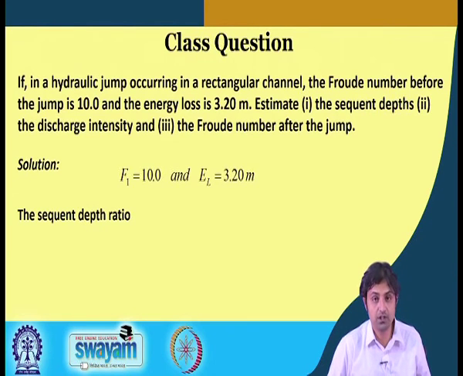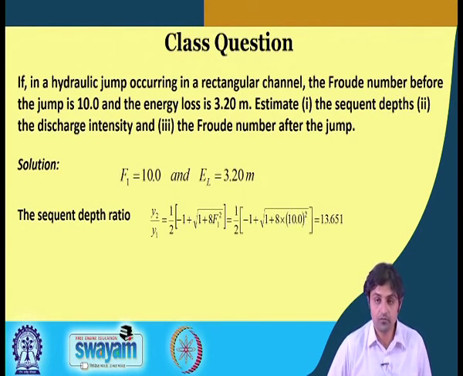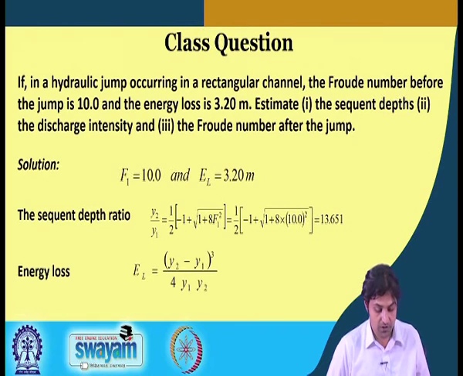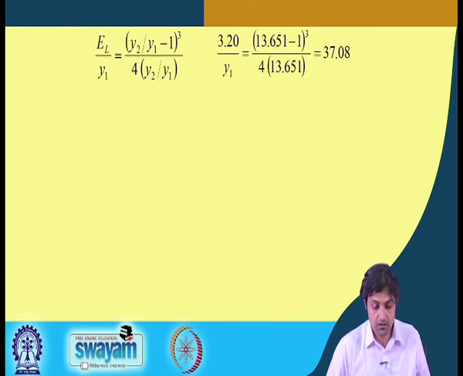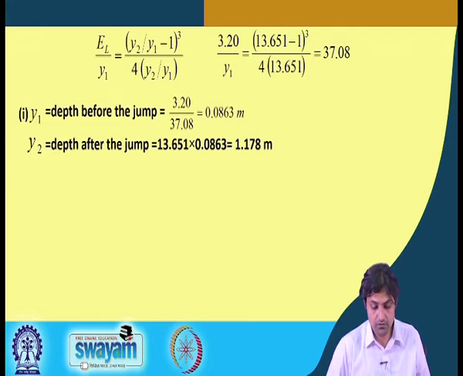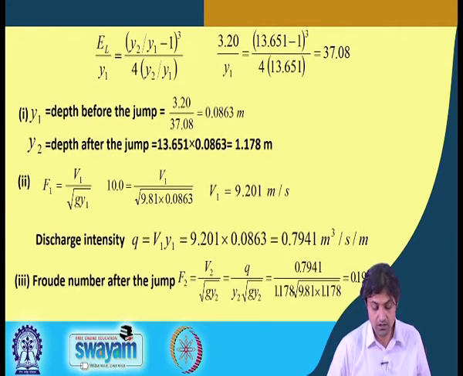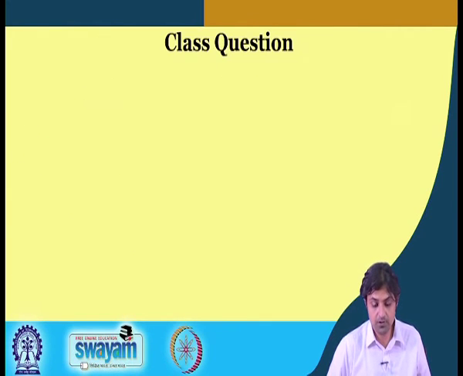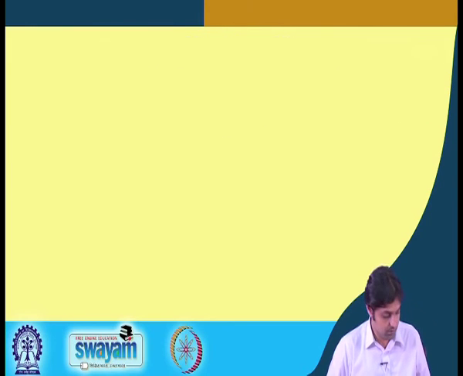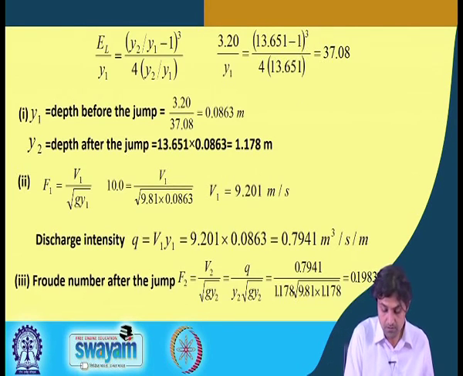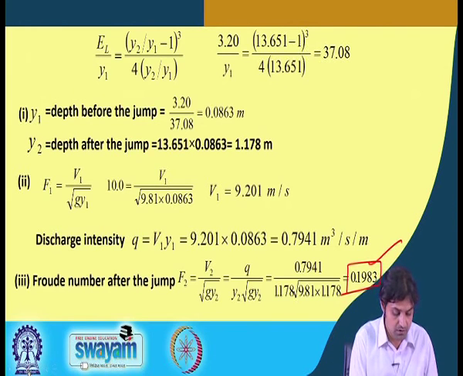So sequent depth ratio, so energy loss using this one. So after the jump, Froude number is 9.2, discharge intensity, Froude number after the jump, all right, same as we did on the whiteboard.